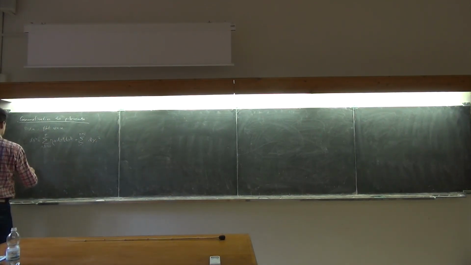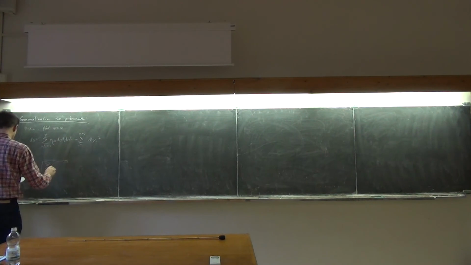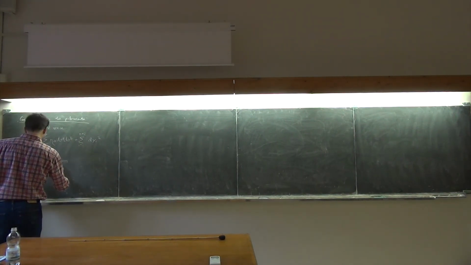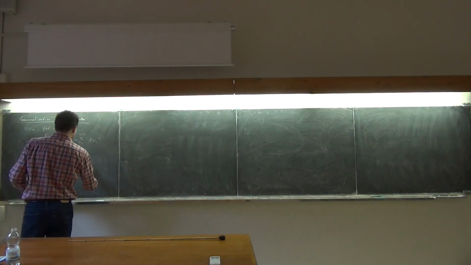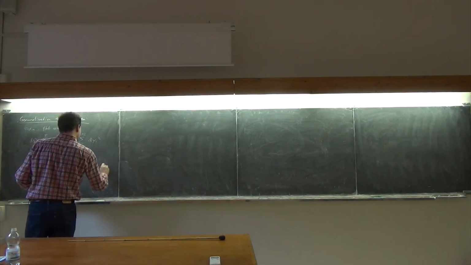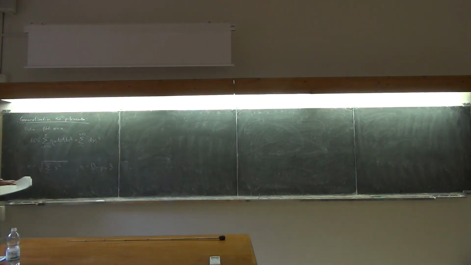I'm going to define some radius in terms of these y coordinates, which is this. And I think I also said yesterday that this n is defined as d minus 3.